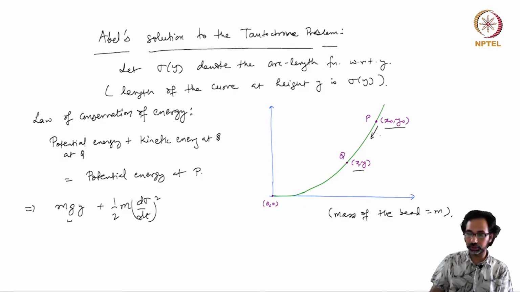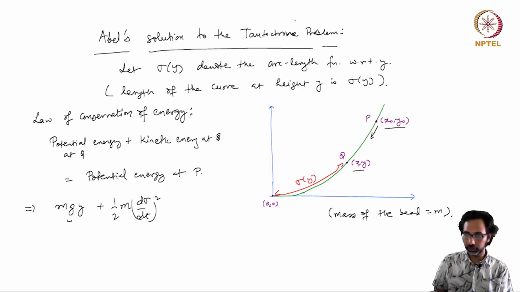So t is the time taken to travel from P to Q, and sigma here is the arc length sigma of y.